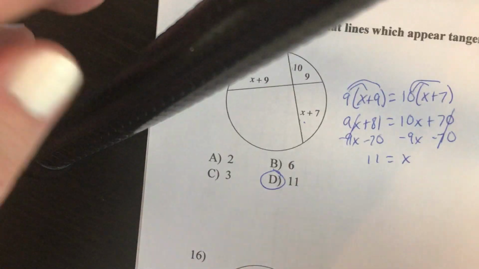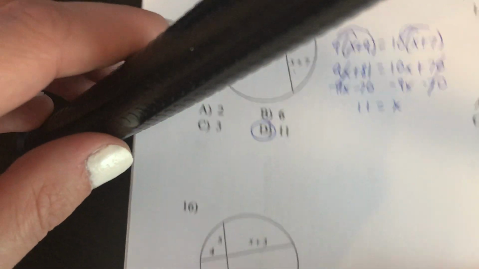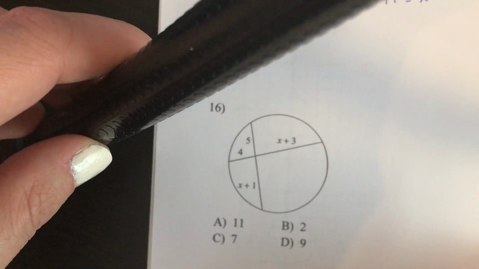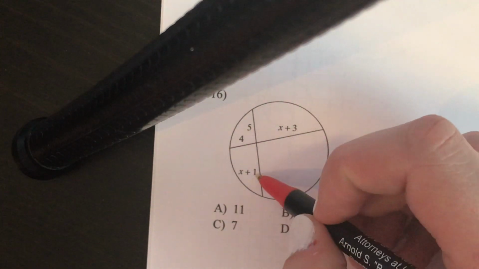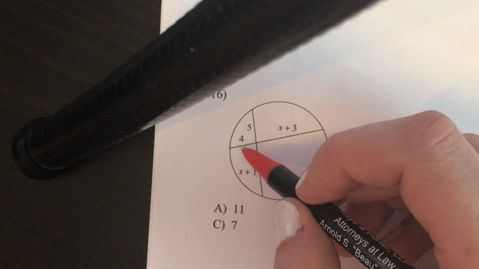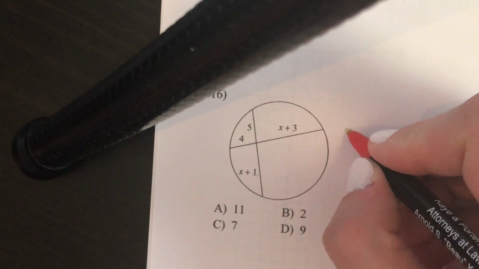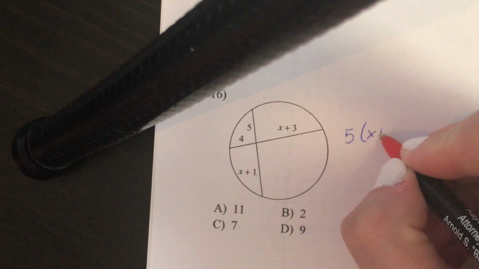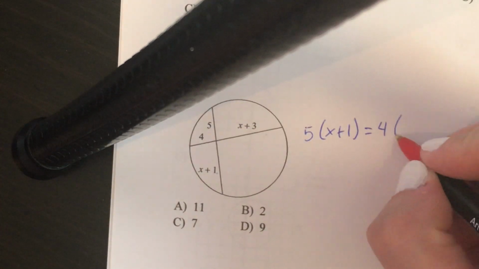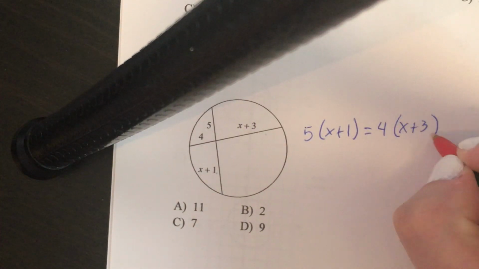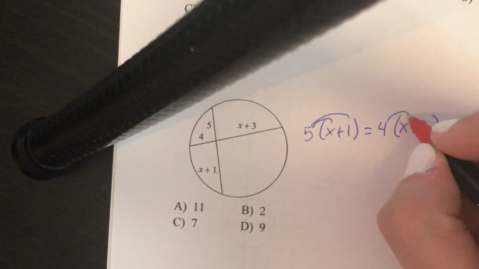Okay, so I'm going to skip 15 for right now and just do 16 as well because it's a very similar problem. But we'll do 5 times x plus 1 and then 4 times x plus 3. And that's how we'll solve this problem. And again, I'm giving y'all these formulas on the test. You just need to know when to use them.